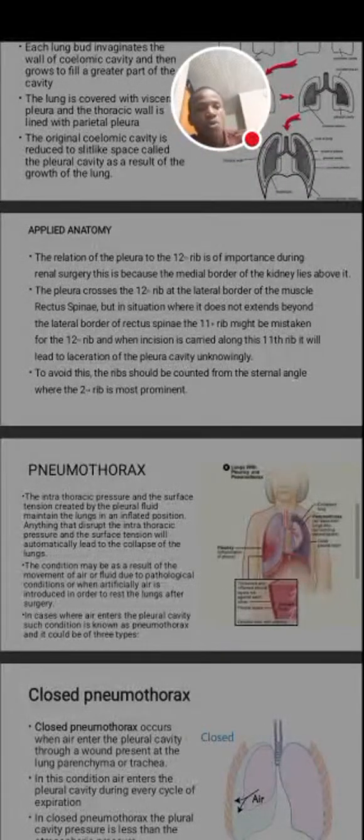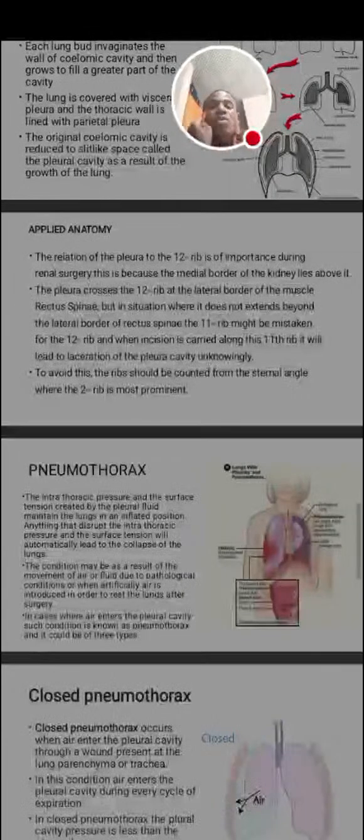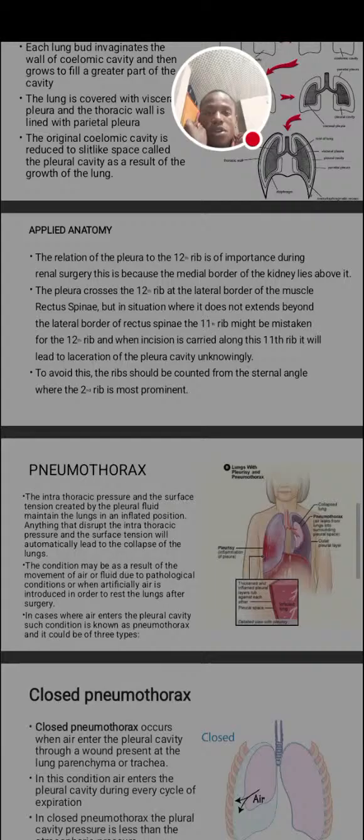What happens is that you have this structure here, called erector spinae.